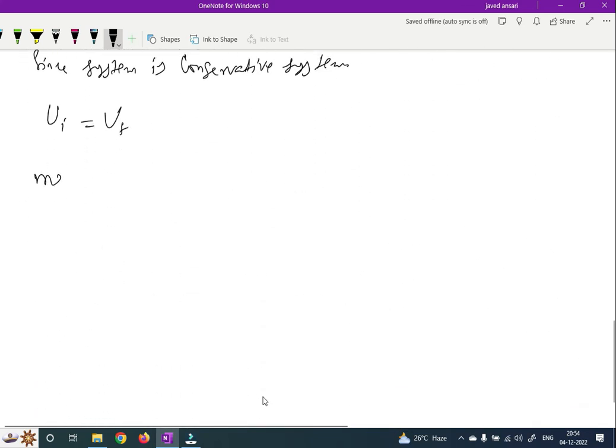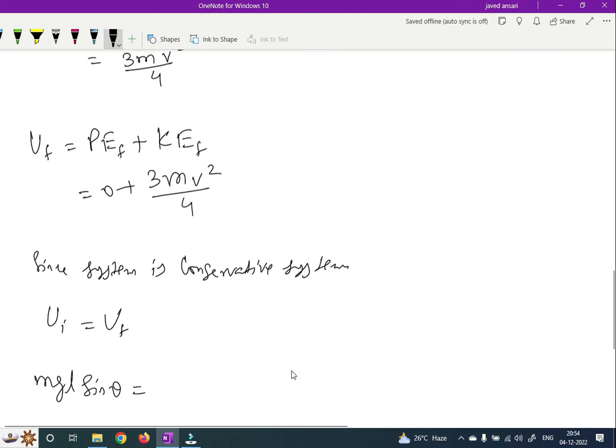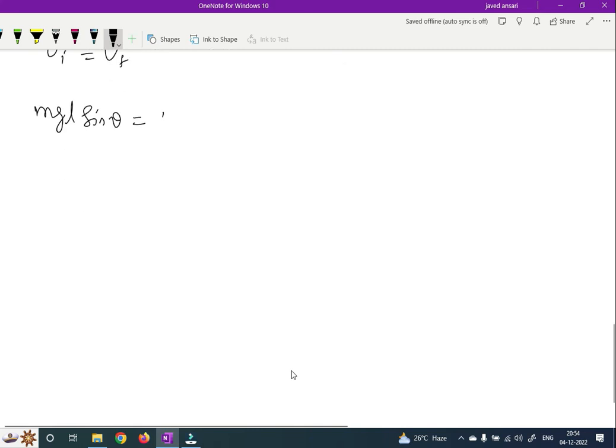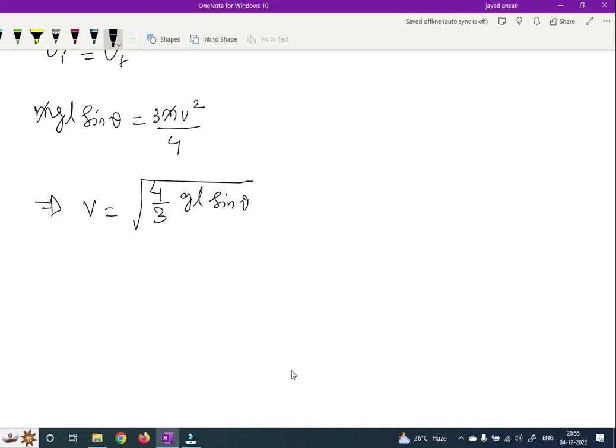So mgL sine theta equals UF, 3 mv square by 4. M and m you can cancel from both sides. This will give v equal to the square root of 4 by 3 gL sine theta. And this is your final velocity once the cylinder reaches the ground.